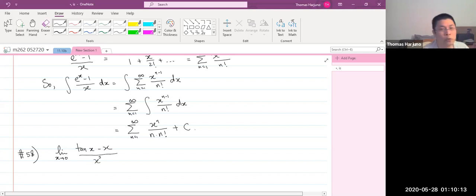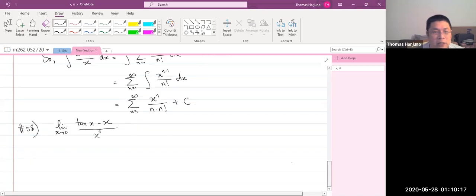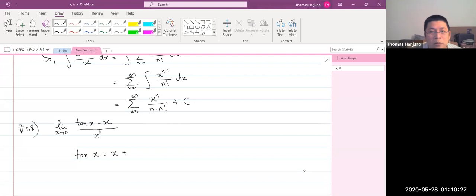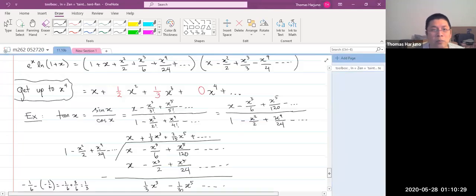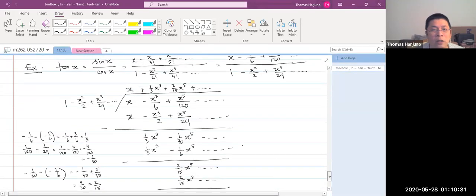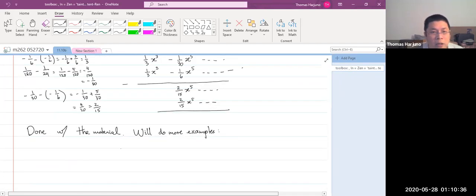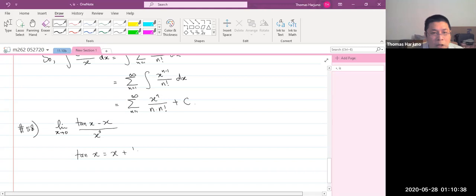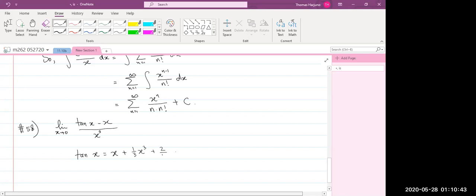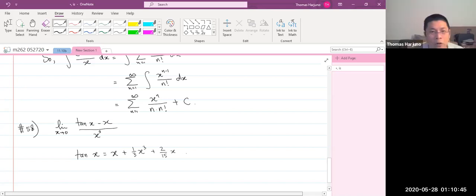But if you happen to know the expansion of tangent x, let's see first. What is tangent x again? Tangent x is x plus, I don't remember. Let me go back. x plus 1/3 x cubed, 2/15 x to the 5th, and on.